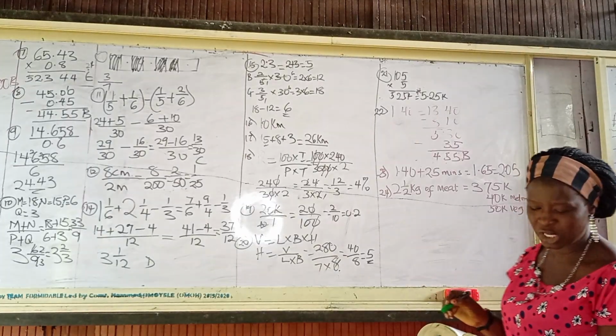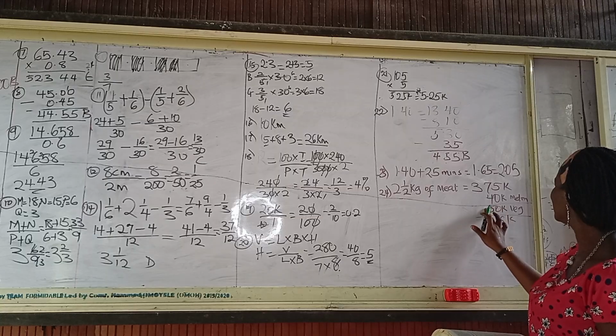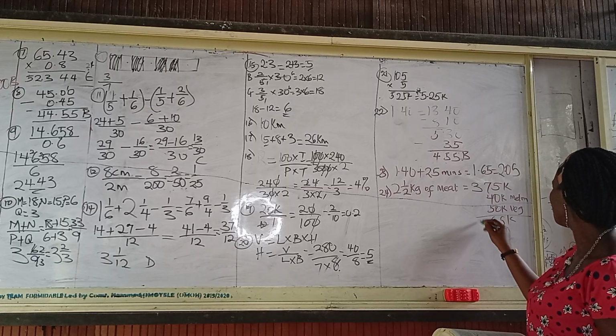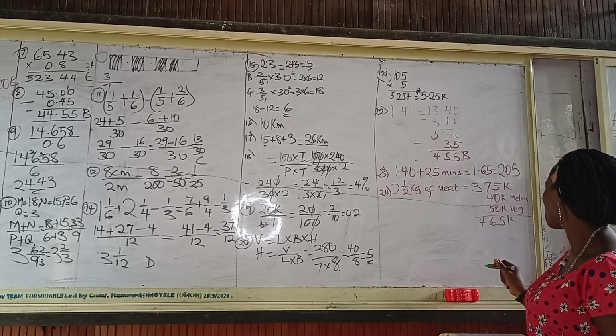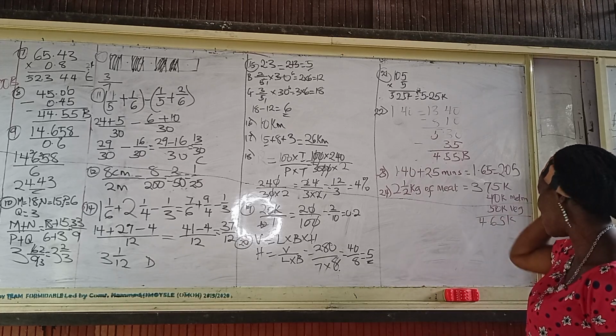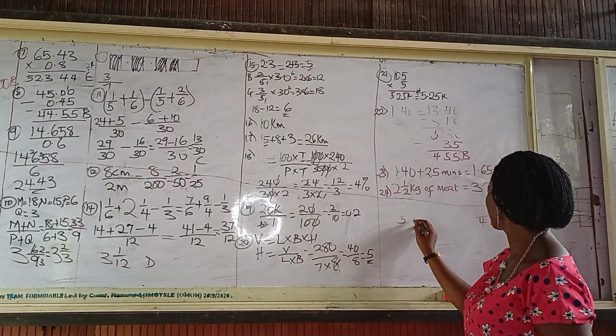They say how much money had he left? This is 5, this is 9, this is 16. We have 1. So you have spent 465 kobo, which is the same thing as 4 naira 65 kobo. And we are told he went to the market with 5 naira.